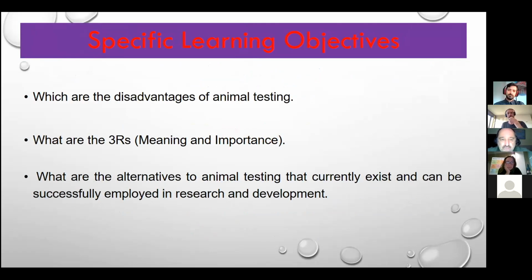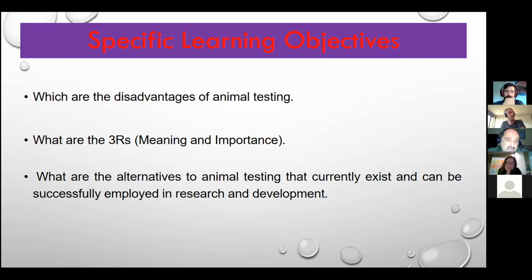First of all, animal testing is not 100% beneficial. There are a number of disadvantages, as you just heard. For example, certain tests on animals are not reliable. You would get a totally different result if you had to do the same tests on humans.